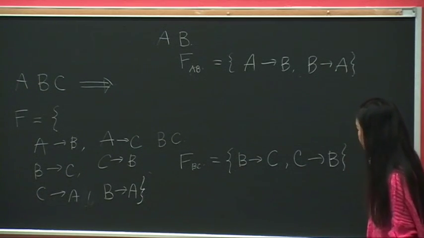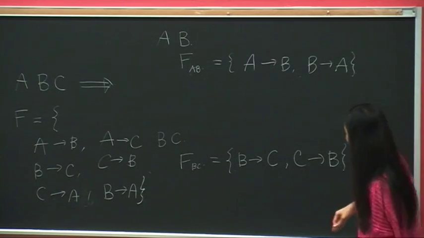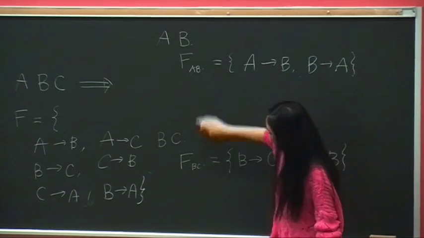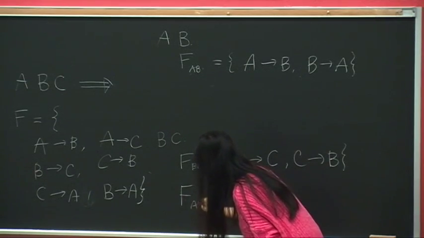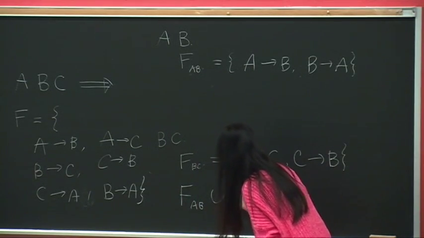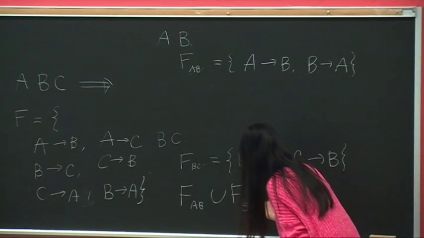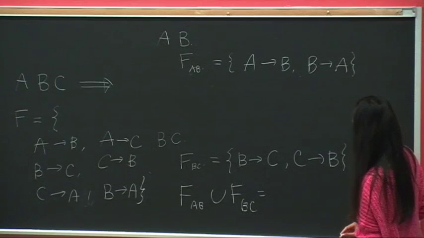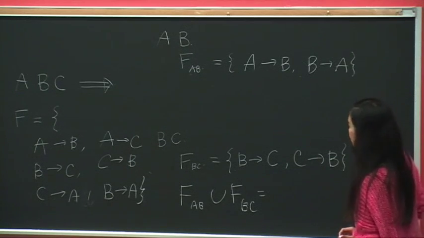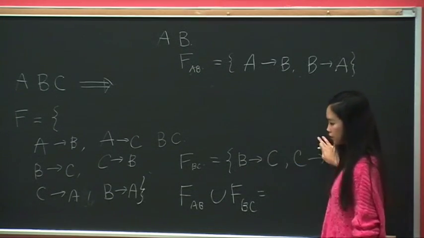So right now, we got them all, and we can take a union of the 2 projections. Okay, so if you take a union, what do you get? You get all these 4, right?